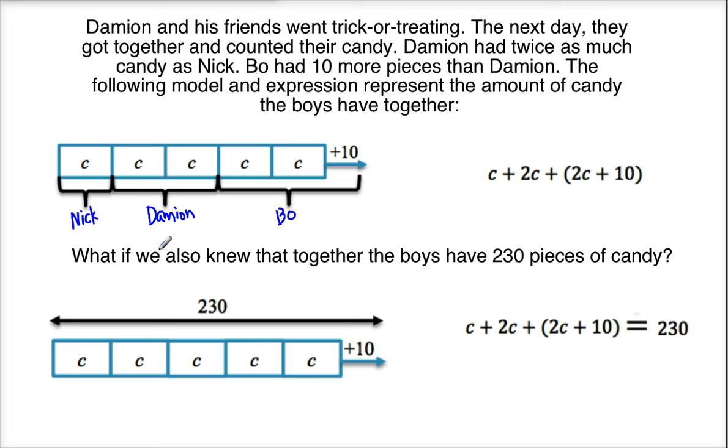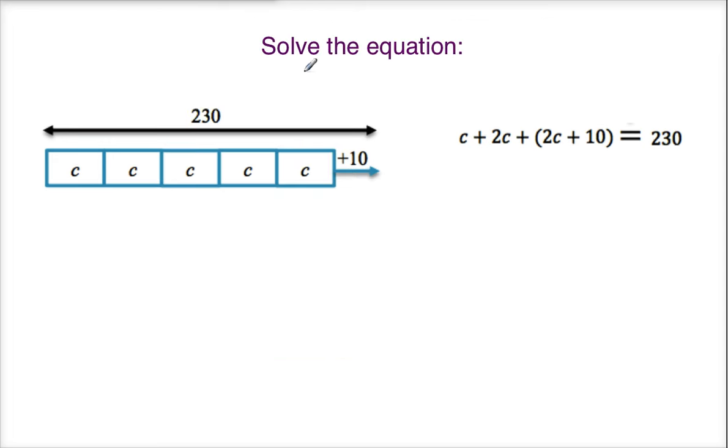Now it says, what if we also knew that altogether the boys have 230 pieces of candy? So this whole set right here represents 230 pieces of candy. So in our equation, we would set this equal to 230 pieces of candy. So if I wanted to solve this equation, let's see what that process would look like with this picture. Obviously there's a plus 10 right here.